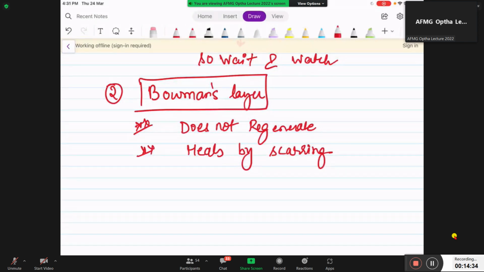The lesion is deeper. Now, this Bowman's layer will not regenerate and it will heal by scarring. This scarring leads to permanent loss of vision. Write down, LOV is permanent loss of vision.